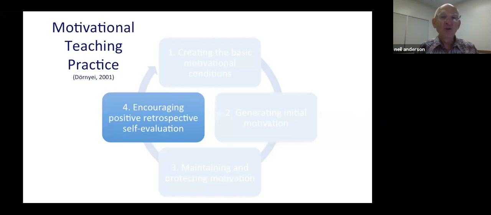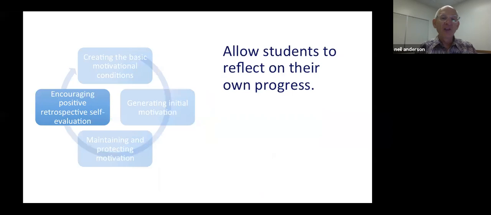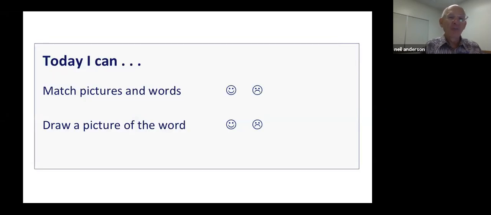Let me share with you 2 ways that I engage in encouraging positive retrospective self-evaluation. With lower level students, I want to allow them an opportunity to reflect on the learning. And so I will have very simple I can statements.